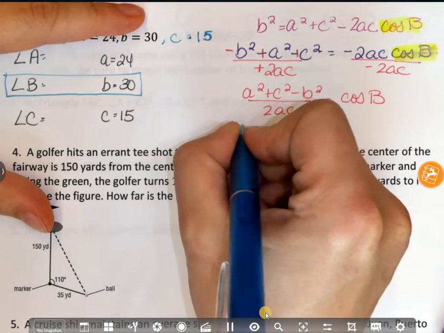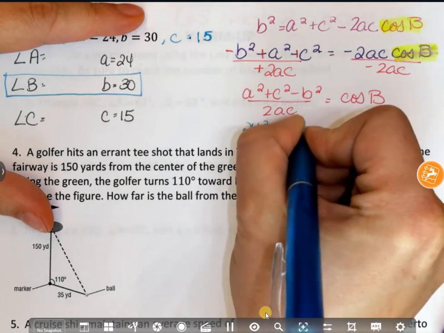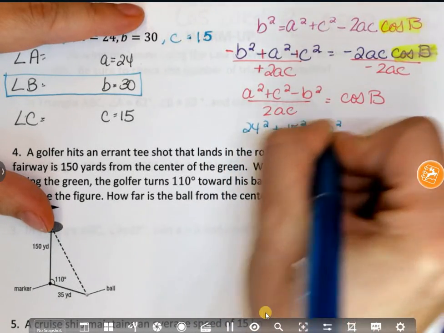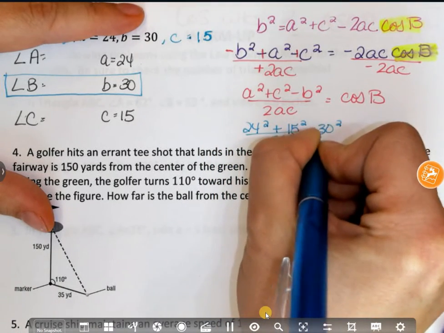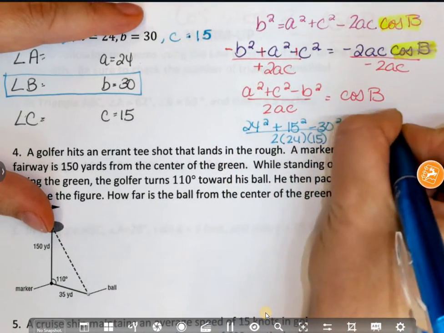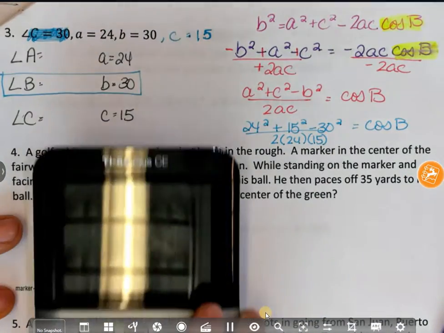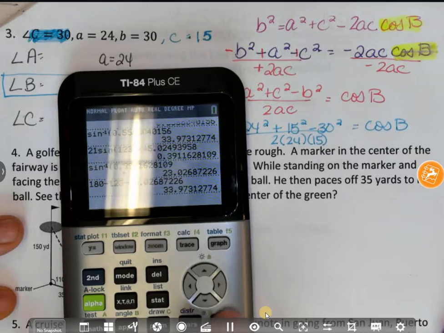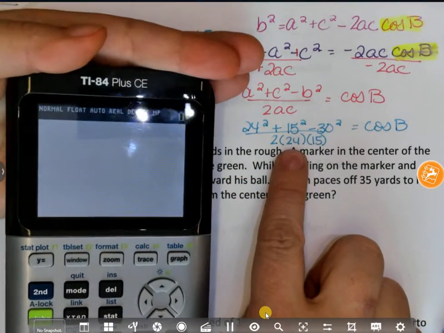So I will say a squared plus c squared minus b squared all over 2 times a times c. And I want to make sure everybody knows this awesome thing that our calculators can do. Okay, because that's an ugly looking fraction, right?